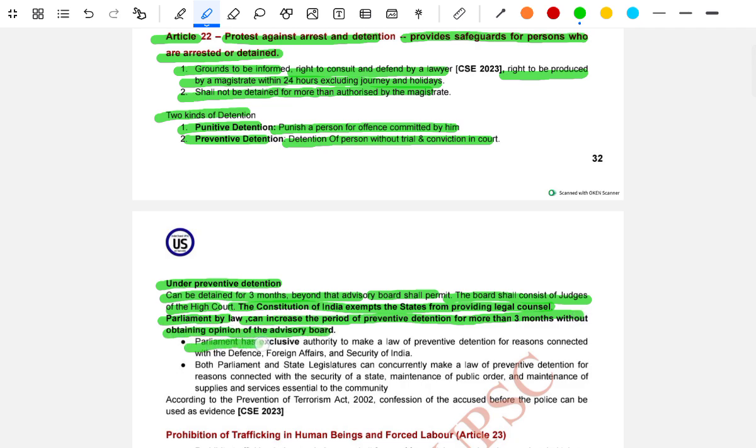Parliament has the exclusive authority to make laws on preventive detention for persons connected with defense, foreign affairs, and the security of India.